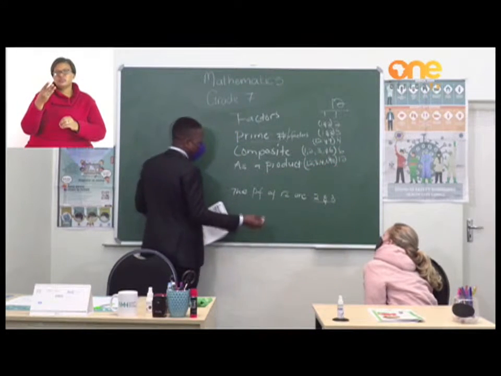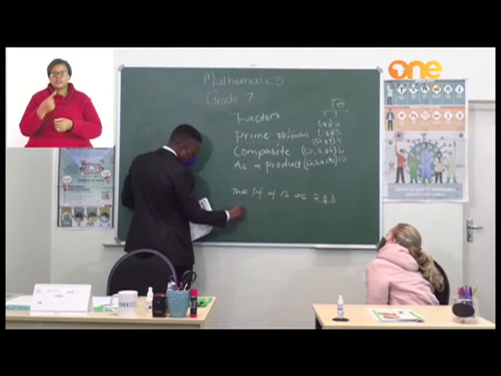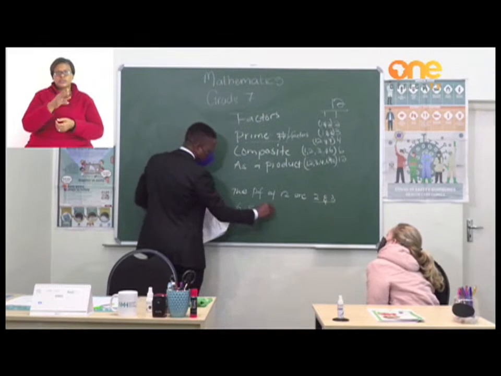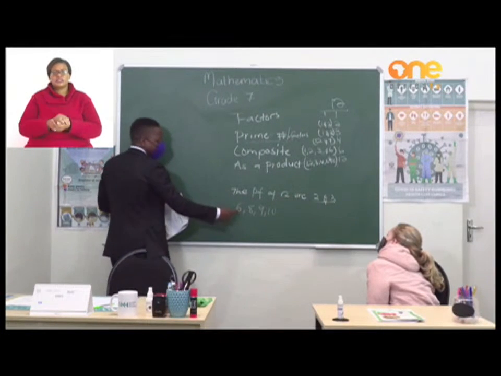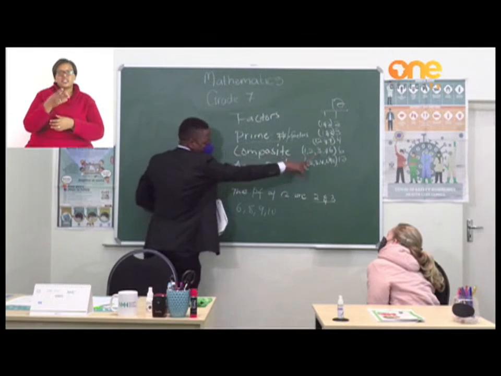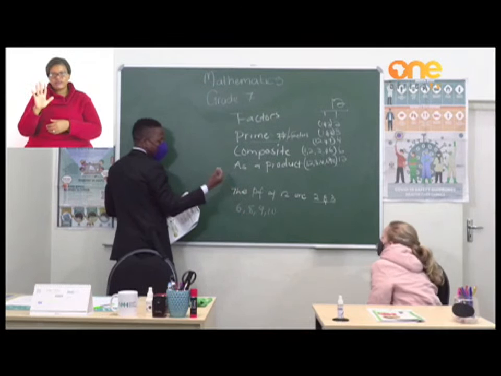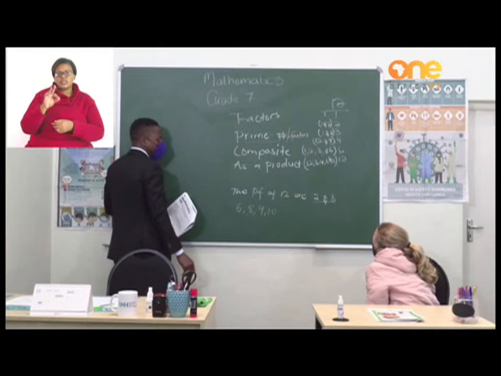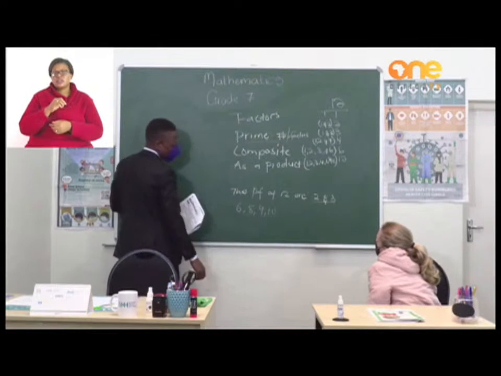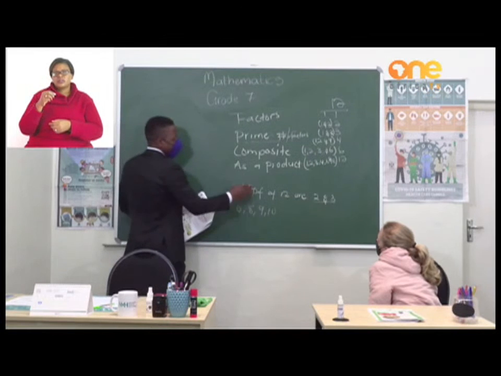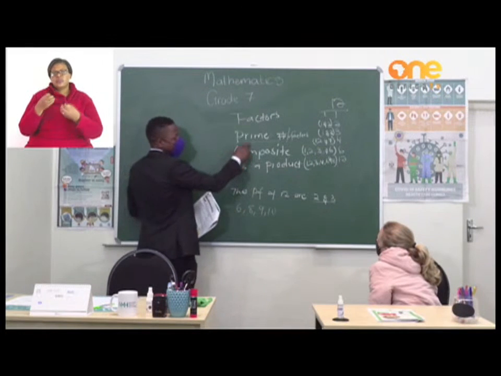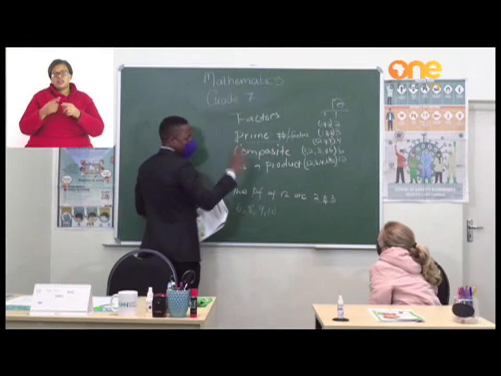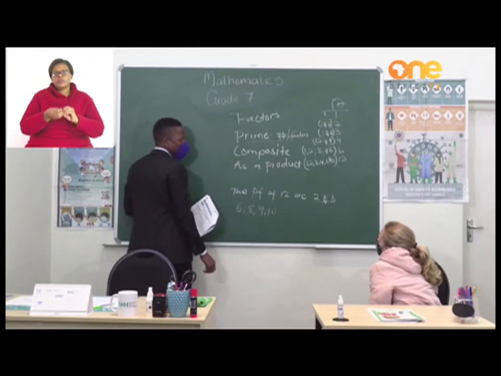Other composite numbers we can talk about are 8, 9, 10, and so on. 8 has factors 1, 2, 4, and 8. 9 has 1, 3, and 9, and 10 has 1, 2, 5, and 10. So composite numbers are the opposite of prime numbers. The prime numbers have 2 factors. The composite numbers have more than 2 factors.